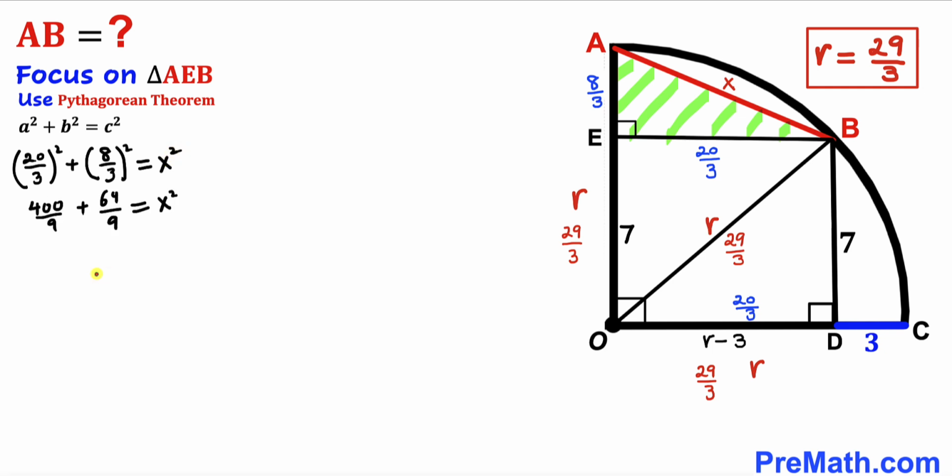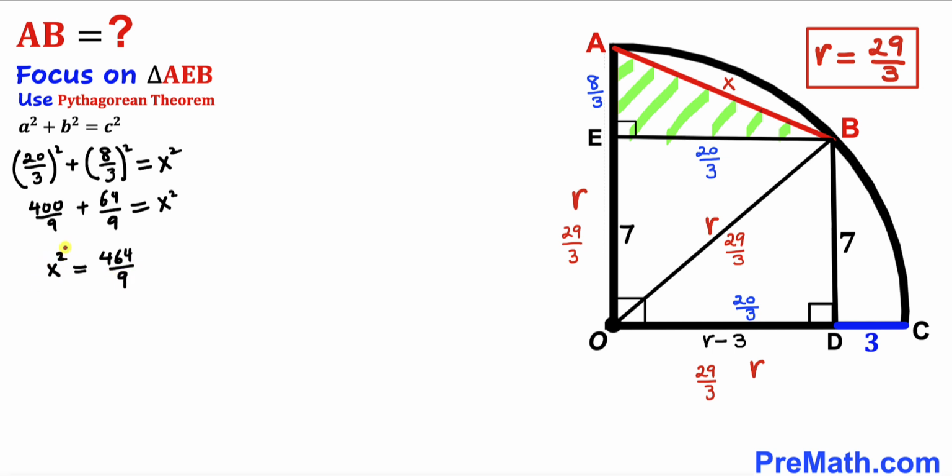x square. If we look at these two fractions on the left hand side, if we add them, that's going to give us 400 plus 64 divided by 9, that is equal to 464 divided by 9. So therefore x square turns out to be equal to 464 divided by 9.